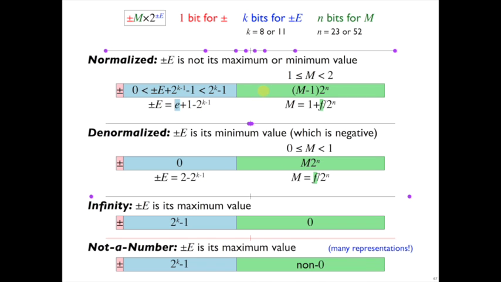Meanwhile, we represent the m part as a number between 1 and 2. So it can be exactly 1, but it can't be all the way up to 2. And the way we do that is we take the number that we wanted to represent. M is going to be some fraction between 1 and 2. We subtract off the 1 part because that's always the same. Effectively, we save a bit. And then we multiply it by 2 to the n.